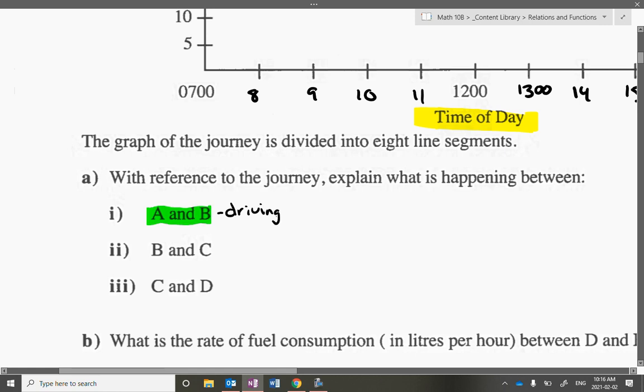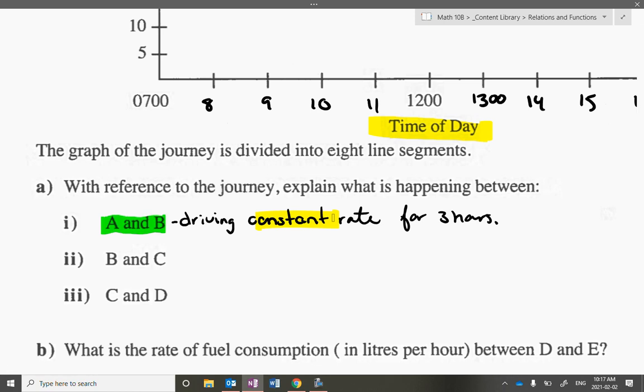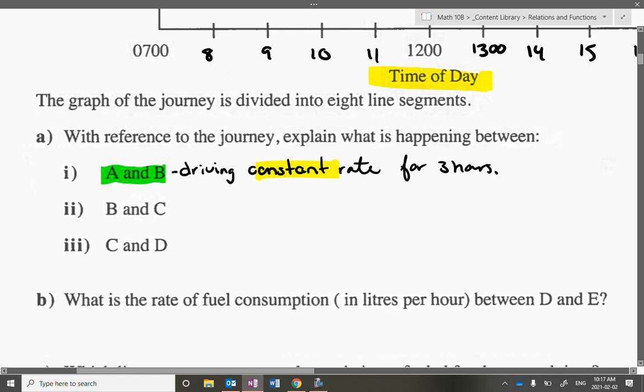I would take your fuel's decreasing at a constant rate, but that constant word is pretty key. And then specifically that's over 3 hours. You just said over a period of time. That's fine. Answers here, I get that there's a range. If it's at a constant rate, like that angle is the same the whole way through, you should keep that word constant. For our purposes, most of the time it's going to either be obviously constant or very clearly not.